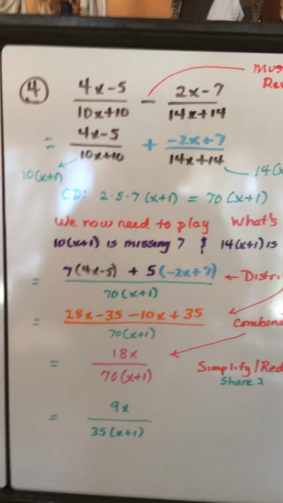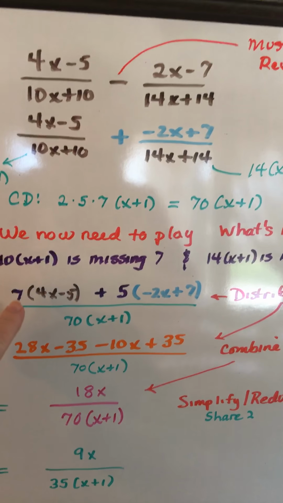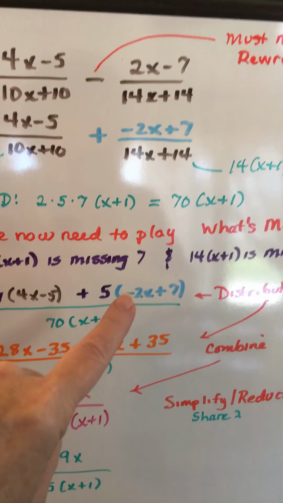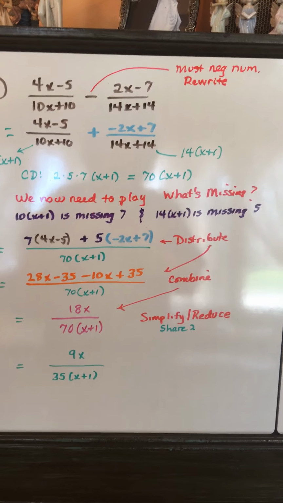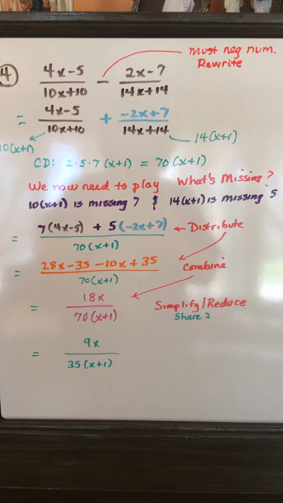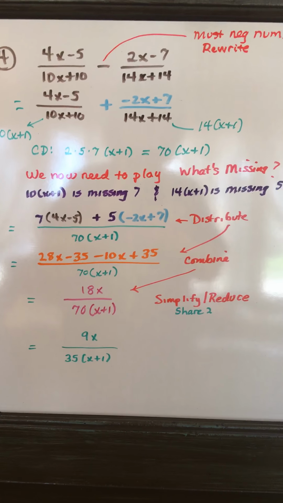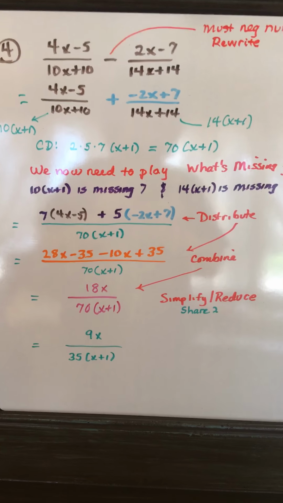So when I go to look at my 4x minus 5, it needs a 7. What does the negative 2x plus 7 need? It needs the 5. So I go ahead and I put the missing terms in. I distribute, and that gives me 28x minus 35 and negative 10x plus 35. I combine, notice the 35's cancel, and I have 18x.